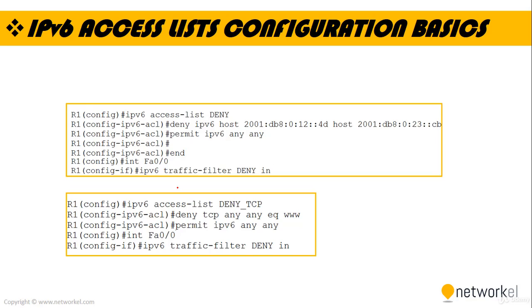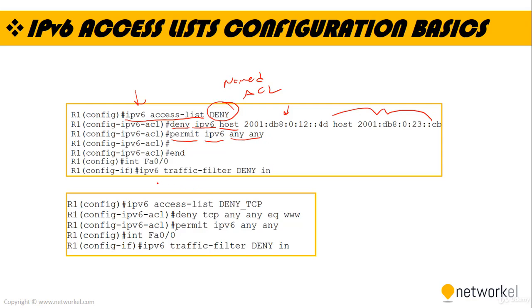Here is the configuration example. We are typing first ipv6 access-list, and the name of the access list we have just named ACL for IP version 6. We are denying one host with an IP address of this, and this will be our source, with the destination of this IP address, and we are permitting any other traffic.